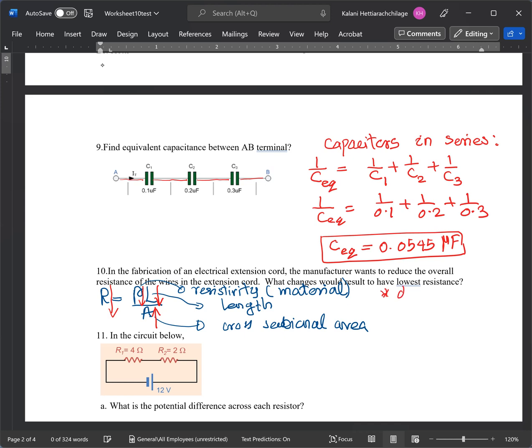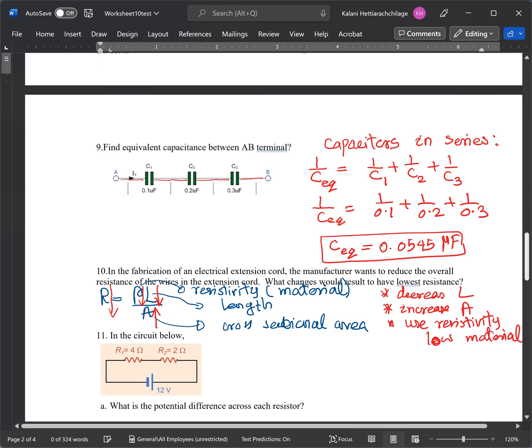What is the one? Decrease L. I'm going to write L here. You know what L means. And increase A. And the third one is use a low resistivity material. Right, those are the 3 things that you can do.